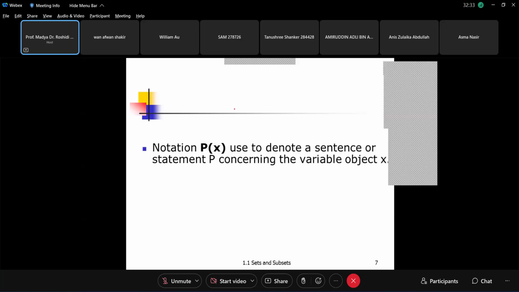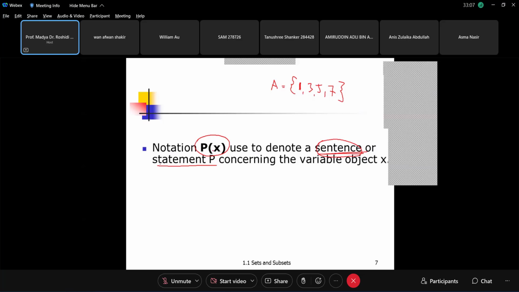Okay. If we want to represent a number or character, for example, we represent A by 1, 3, 5, 7. We just talk about these numbers, only single numbers. How about a sentence or statement P? How do we represent a sentence? In order to represent a sentence, we utilize this symbol.